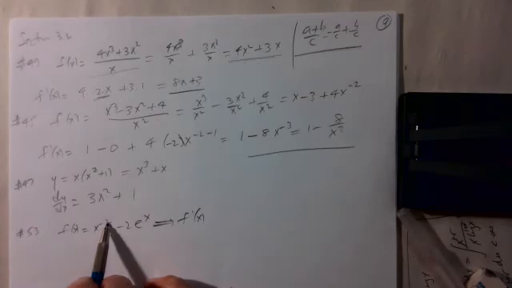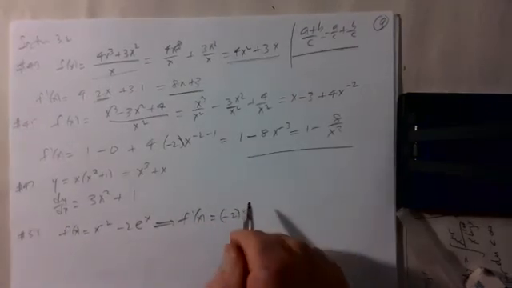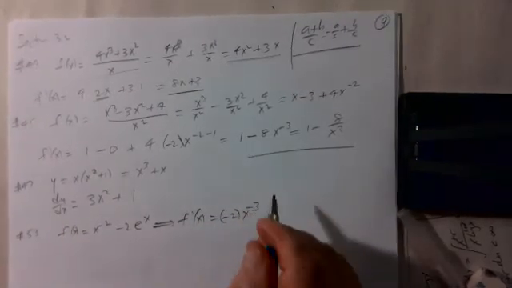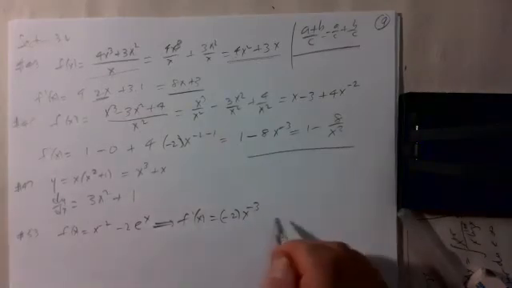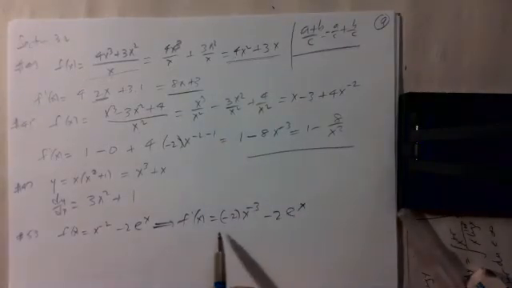The derivative of x to the power minus 2 is minus 2x to the minus 2 minus 1, minus 2 times the derivative of e to the x, which is e to the x. So that's the answer.